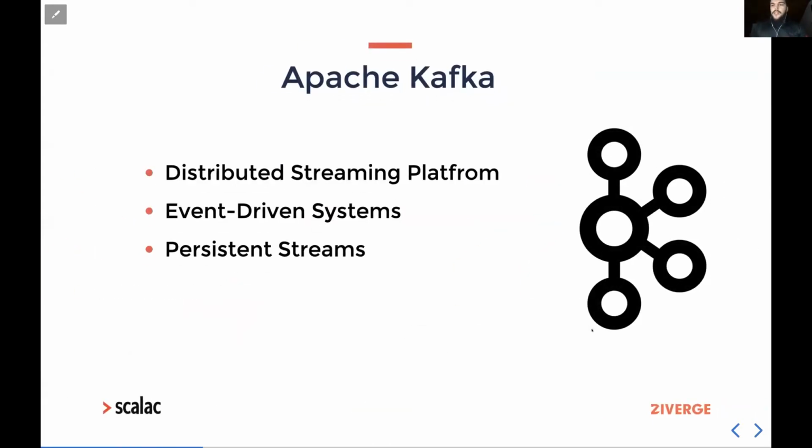Apache Kafka is probably the hottest project in the industry right now, and it's a distributed streaming platform which allows developers to build distributed and event-driven applications easily, since it abstracts a lot of complex stuff from you as a developer.